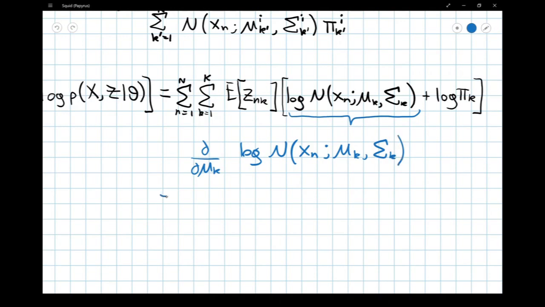And I'm going to just keep in all the terms that are a function of mu_k, because everything else will come outside of this as an additional constant that's going to disappear when we take the derivative anyway.